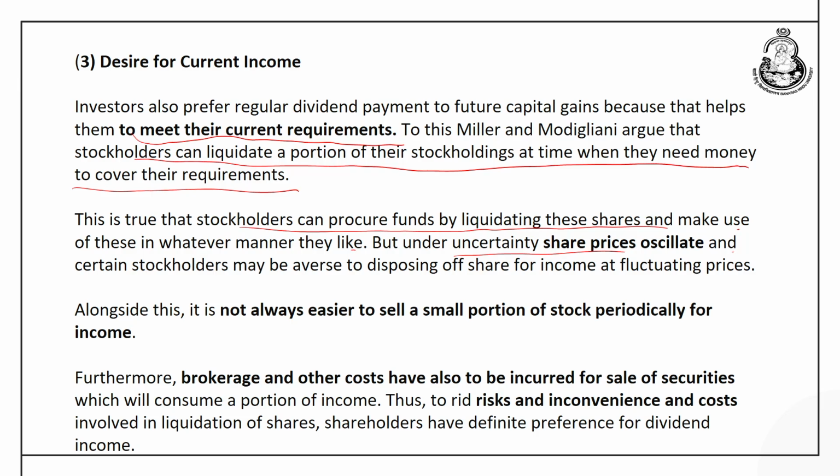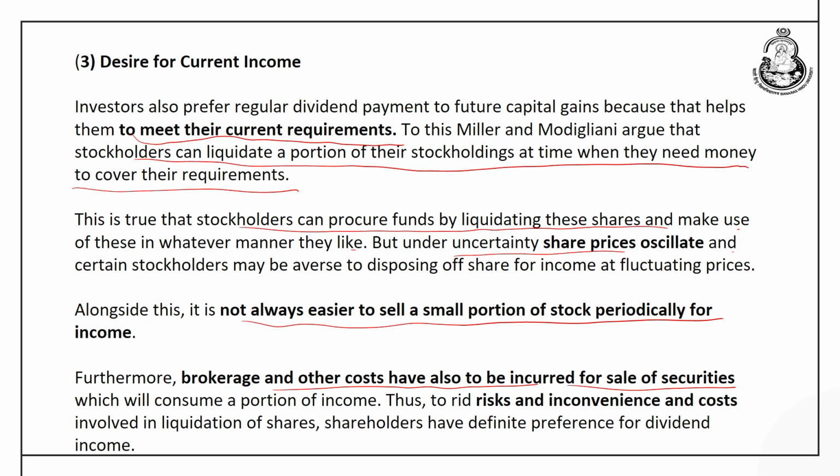Along with this, it is not always easy to sell a small portion of stock periodically for income, and in addition there may be brokerage and other costs that have to be incurred by the investors while selling the security, and that would consume a portion of income.